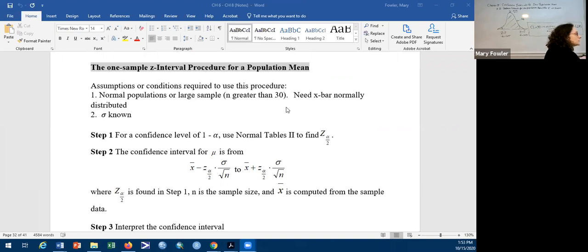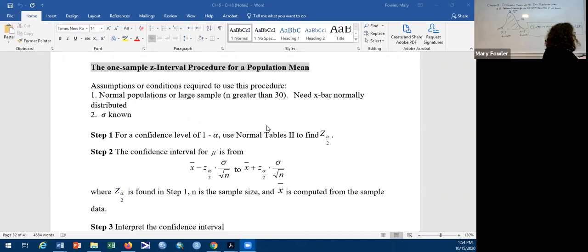We are using normality of X bar. So this is valid if the population is normal or if there's a large sample size, n is greater than or equal to 30. That means X bar would be normally distributed or approximately normally distributed. And additionally, we are assuming that sigma is known.